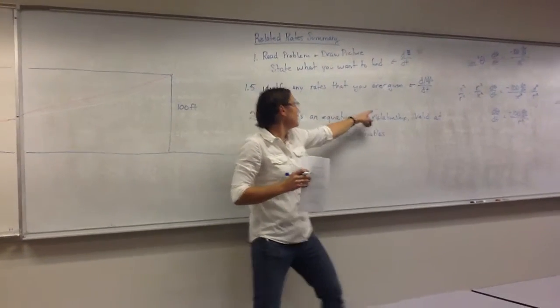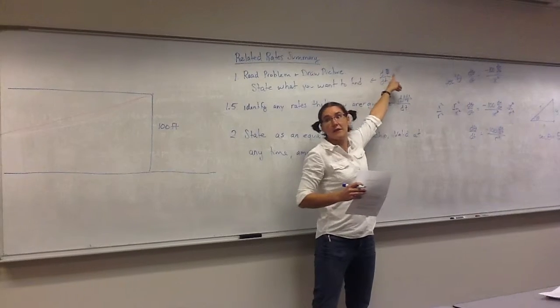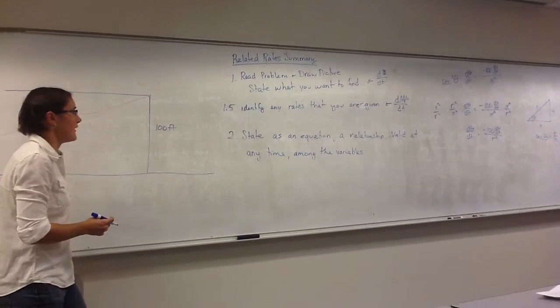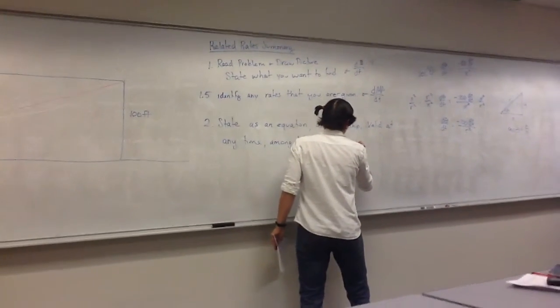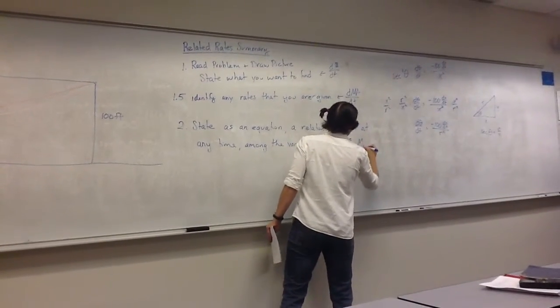So among the variables where you're given a rate of change and where you're trying to find a rate of change. State as an equation a relationship valid at any time among the variables including squiggle and squawk.